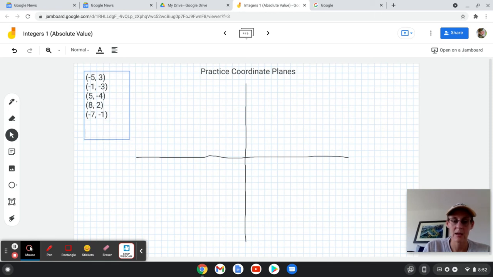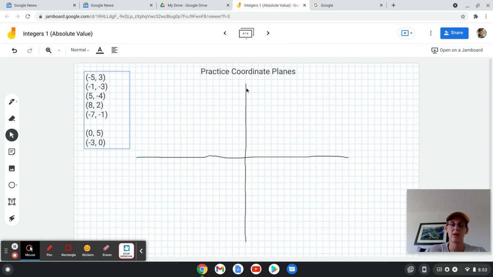And then let's do some that are on the axis. So 0, 5, and -3, 0. Okay. So what I want you to do is plot these points for practice. The sub could even put points up there and then you have to identify the coordinates. So take some time to practice plotting these different points just on a graph on your notes.